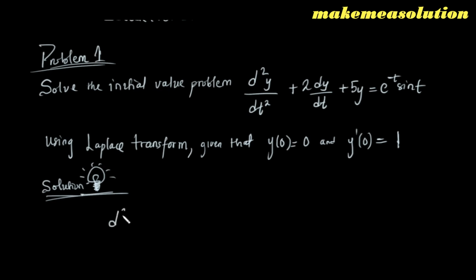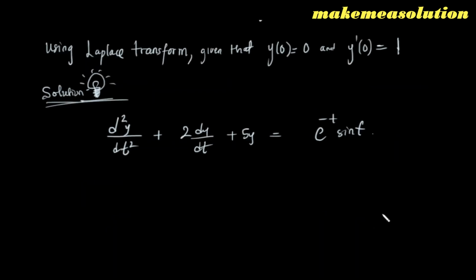So d squared y over dt squared plus 2 dy over dt plus 5y equal to exponential minus t sine t. I'm going to take the Laplace transform of both sides.